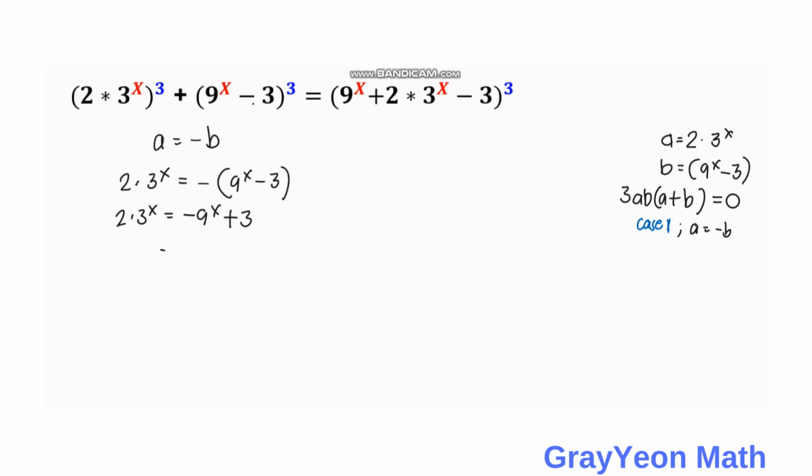We can write this 9 raised to x as 3 squared to the x plus 3.